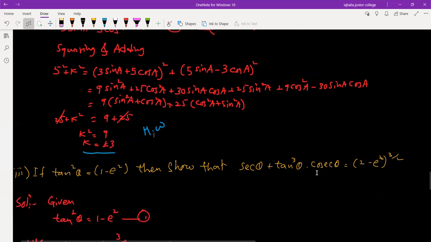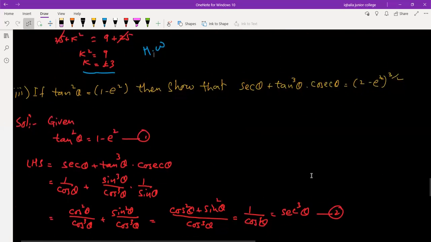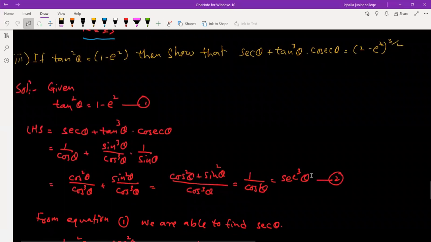Okay, now moving on to the next question. The next question is: if tan square theta is equal to 1 minus e square, then show that (sec theta plus tan cube theta cosec theta) to the power 3 by 2 is equal to (2 minus e square) to the power 3 by 2.